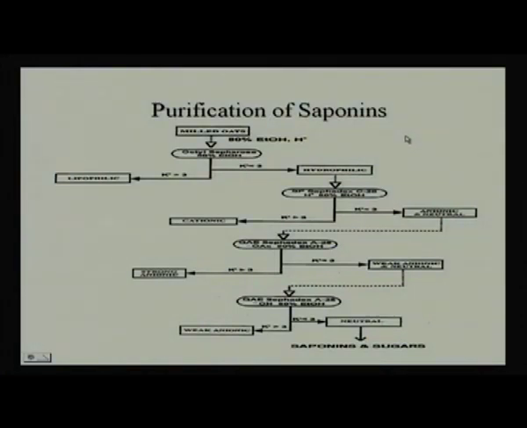So, these are some of the techniques which we follow, starting from the hydrophobic column followed by the ion exchange column. We have never gone for any other techniques that we saw in the case of citric acid, or ethanol, or some intracellular enzymes.